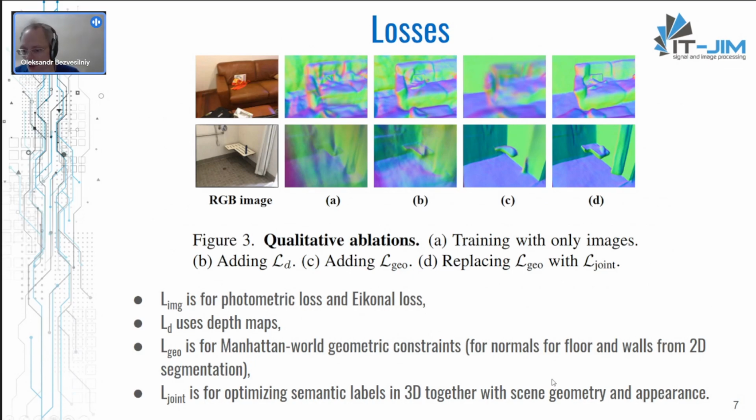Then additionally, they introduce a loss function for normals, for floor points and wall points, and this segmentation initially is taken from two-dimensional segmentation. And finally, the final case is the joint optimization when they refine both the semantic labels and 3D scene.